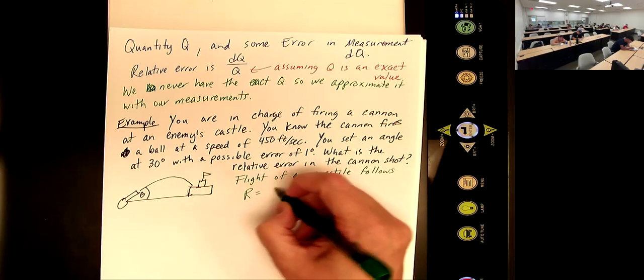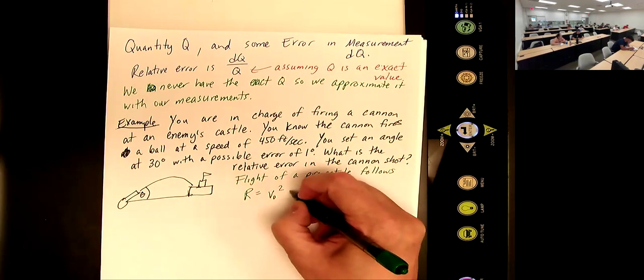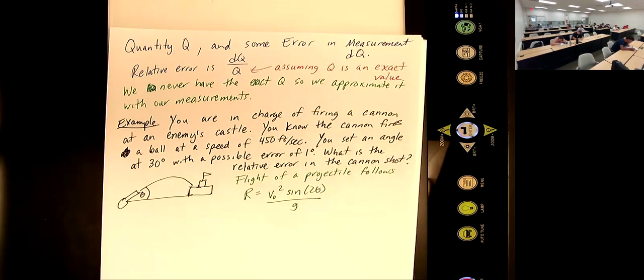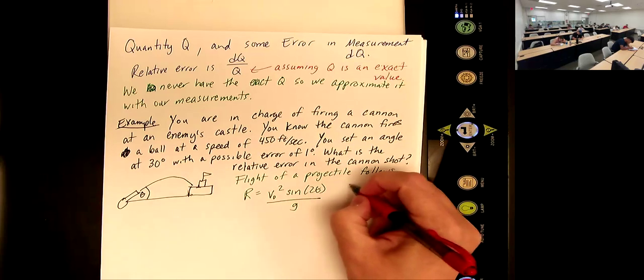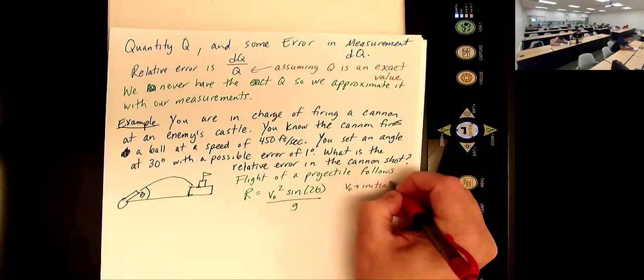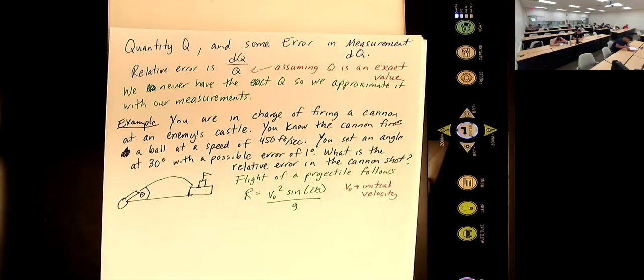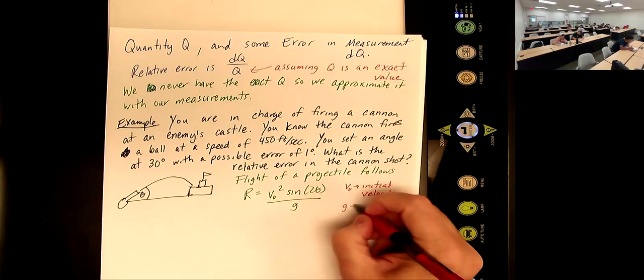R equals v naught squared sine of 2 theta over g, where v naught is initial velocity and g is a gravitational constant.